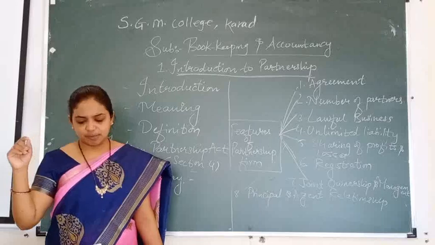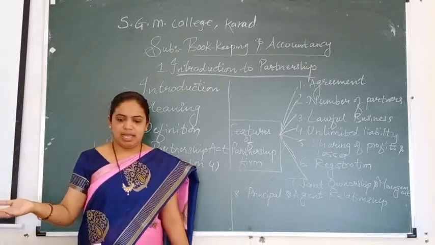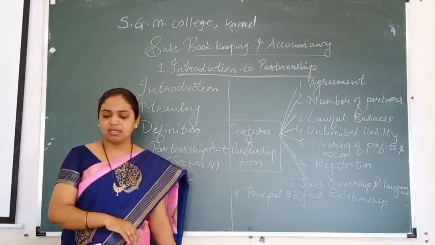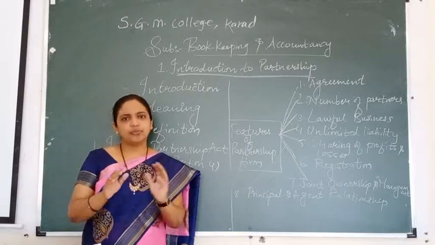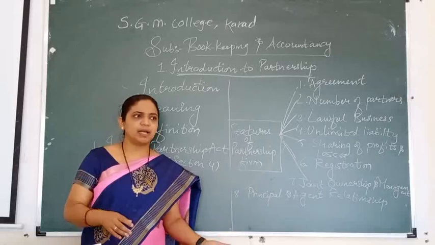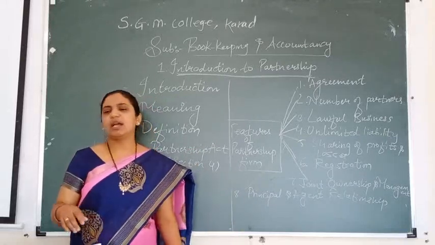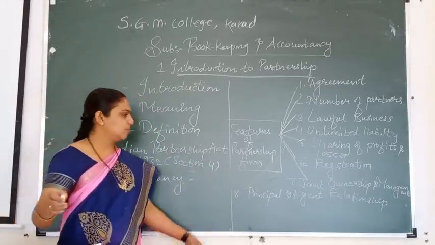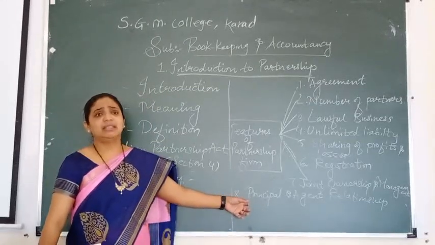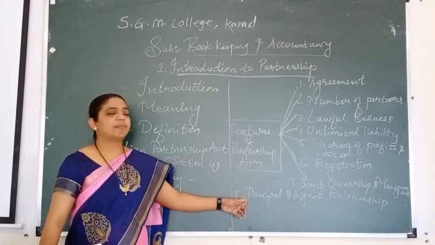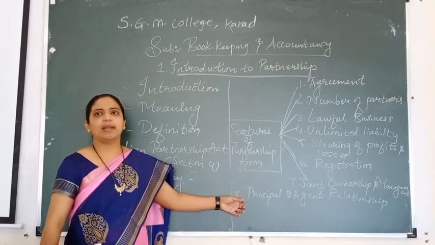So when partners come together, they are always building a relationship in the form of principal and agent. That was point number 8.